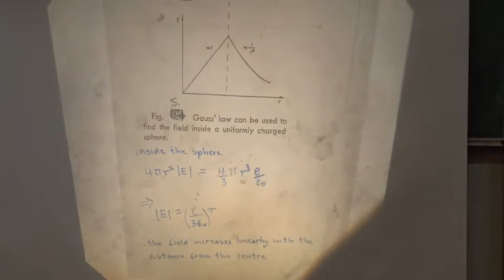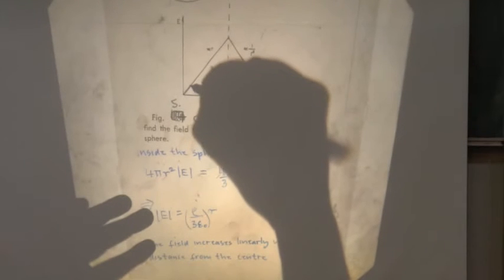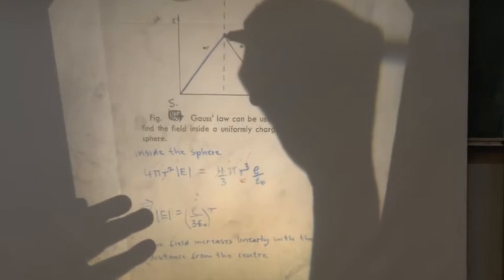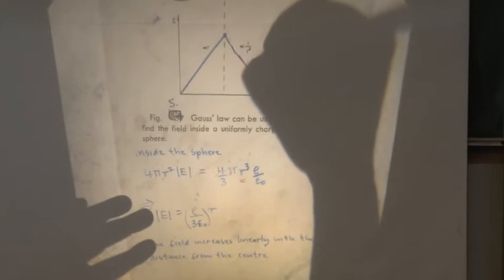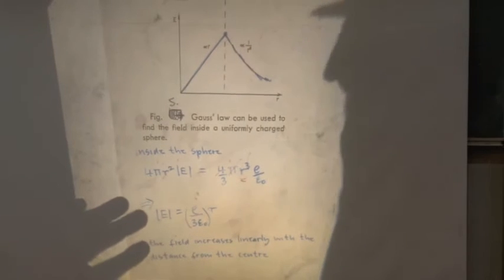So inside the sphere, we have the electric field rising linearly to the surface, and then, as we know, outside, the well-known result that we just get the 1 over r squared decay.